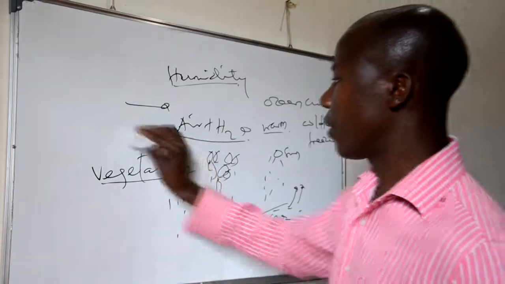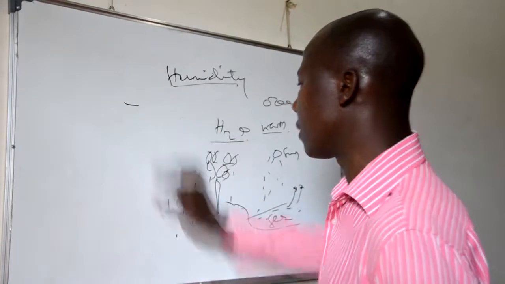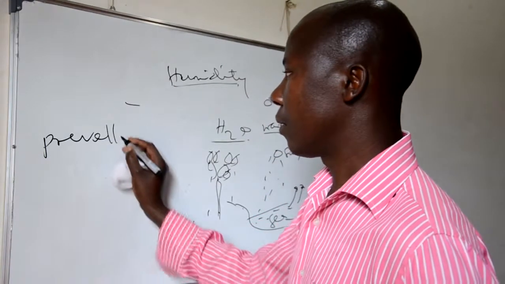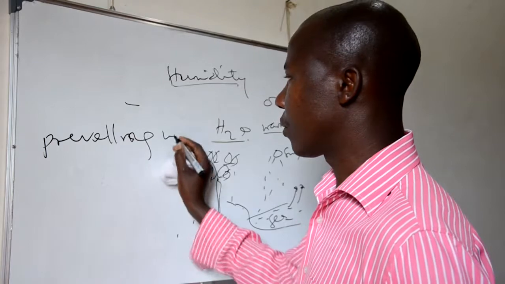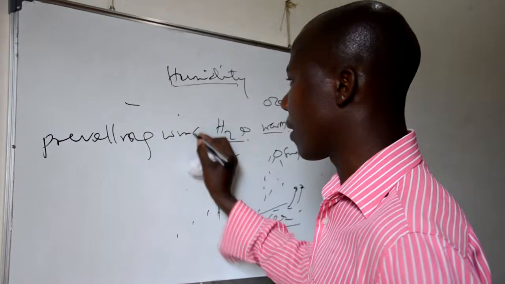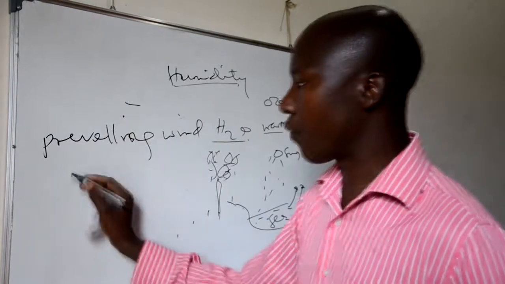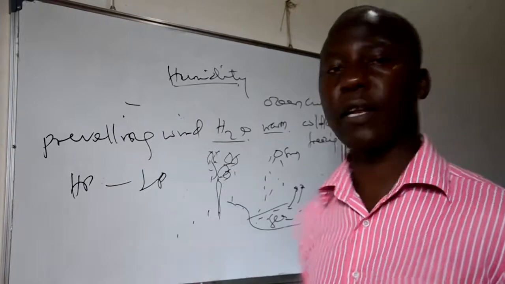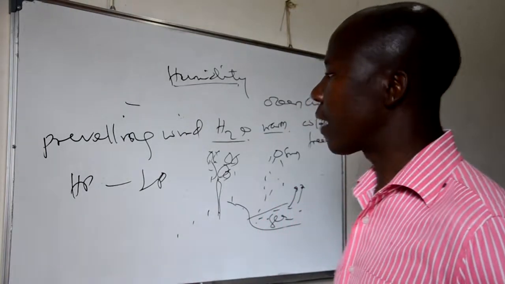The fourth factor that influences humidity is prevailing wind. As I told you, prevailing wind is the kind of wind which moves from one place to another, from the area of high pressure to the area of low pressure, very quickly or frequently, and is very destructive.